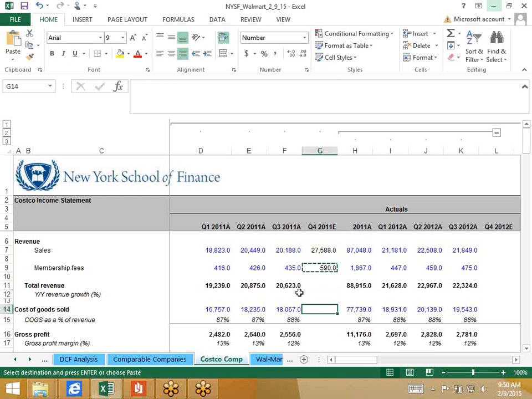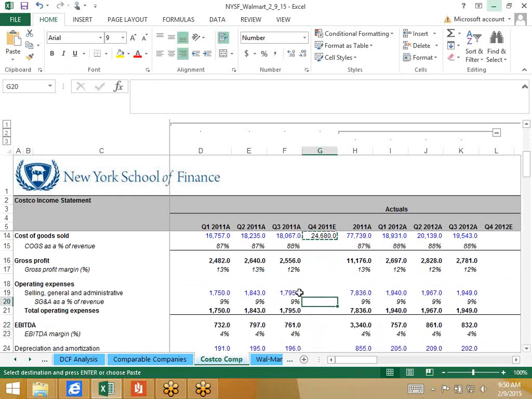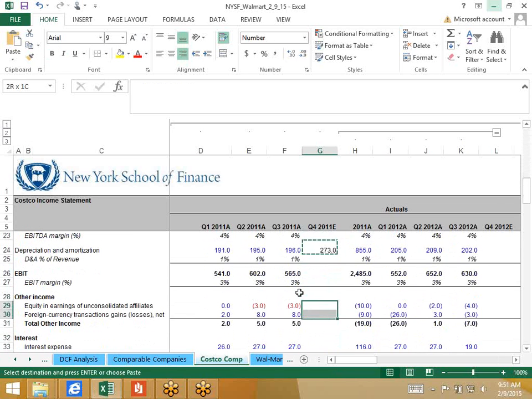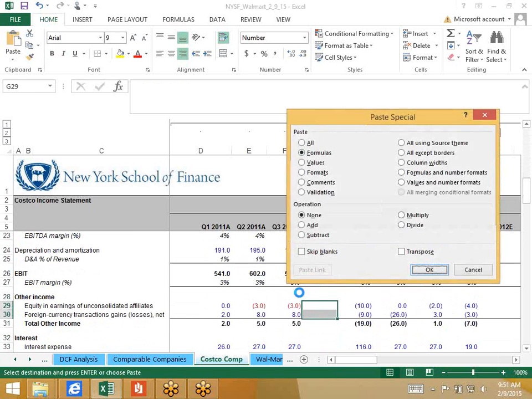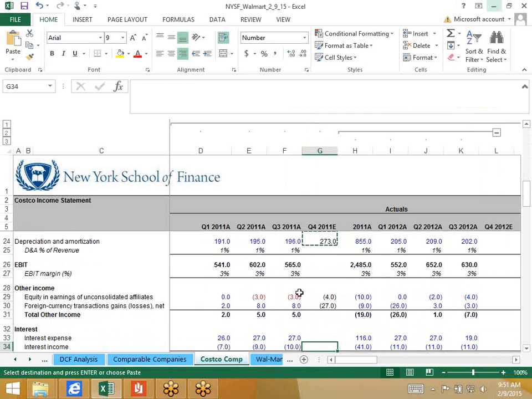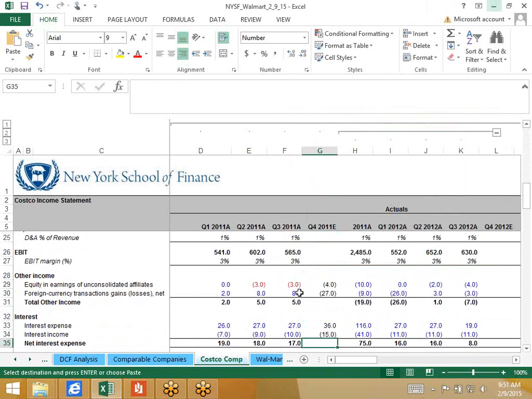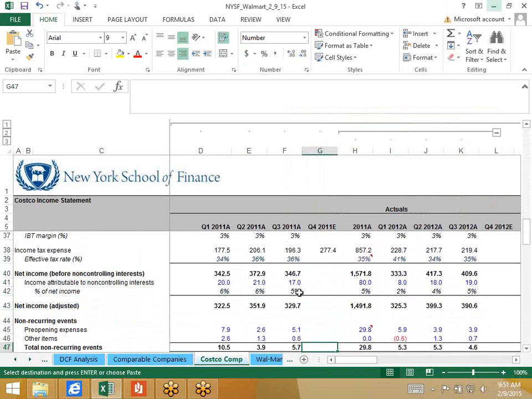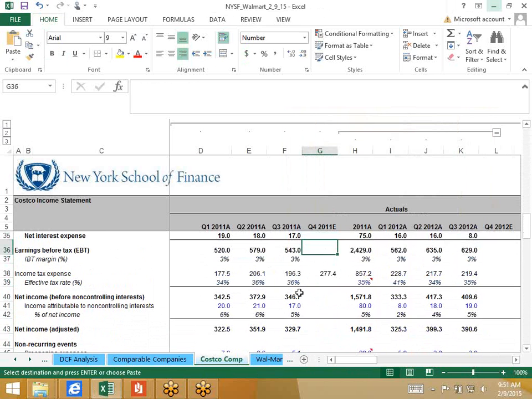I'm going to stick with doing it just for the hard coded line items to get Q4 data: the individual detailed line items, my other income line items, interest expense, interest income, income tax expense, non-controlling interests.